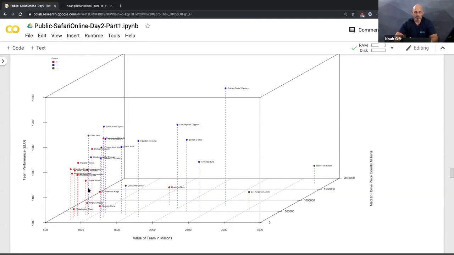It's like going to the dollar store if you're a billionaire. Now, if you go to this cluster, these are actually highly valued teams that are poor performers. And so really this shows the power of how clustering instantly allows us to do a really interesting analysis.